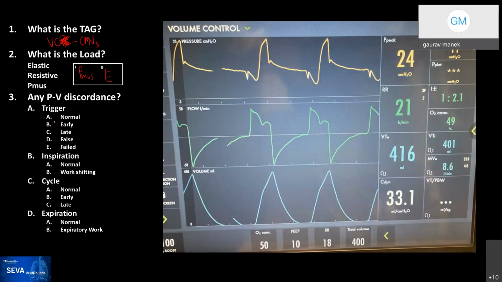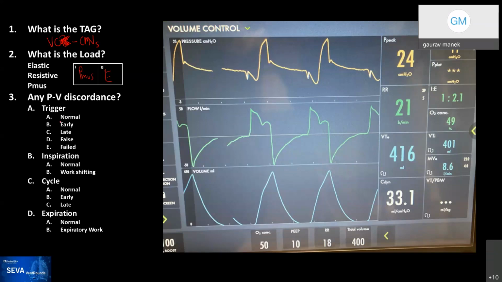Now coming to discordance. So in the two breaths that you see clearly on the screen, the trigger seems okay, but when the flow is trying to decelerate, the patient is making another effort, it seems like, but I don't see it reflected on the flow, and you can see it even reflect on the pressure waveform.